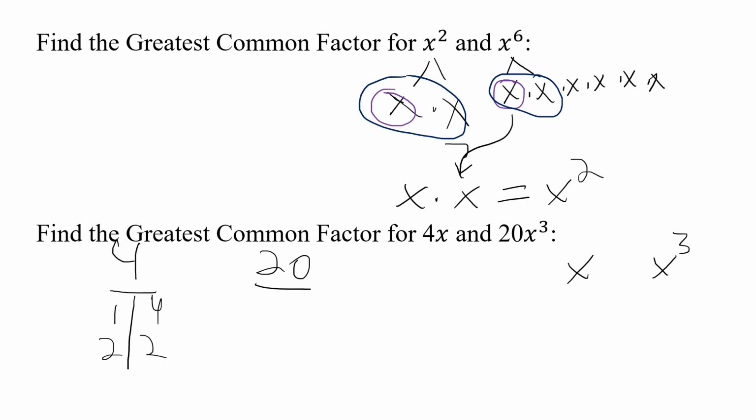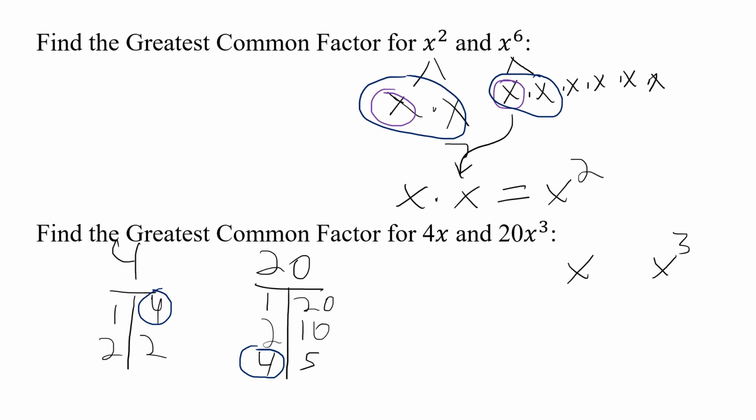Then for 20, we have 1 and 20, 2 and 10, 4 and 5. So the greatest common factor between our numbers, I can already see it, it's 4, because 4 is the biggest number that they both share. Now they do both share a 2, but they both share a 4, and we're just looking for the greatest one.